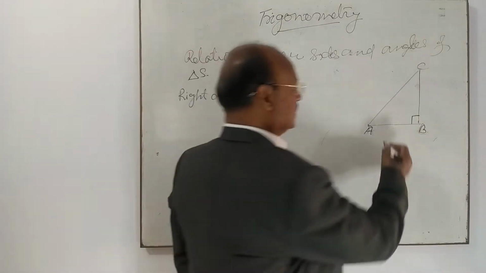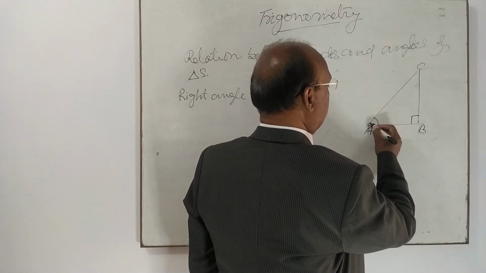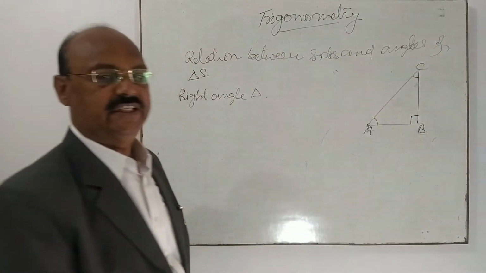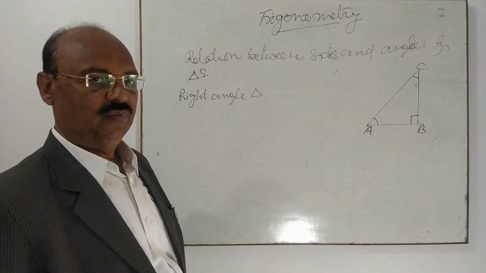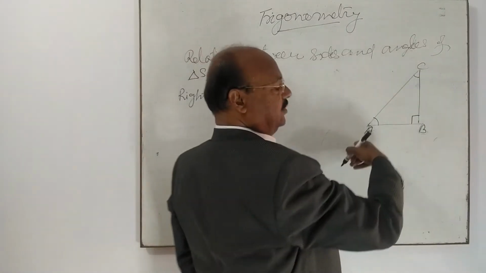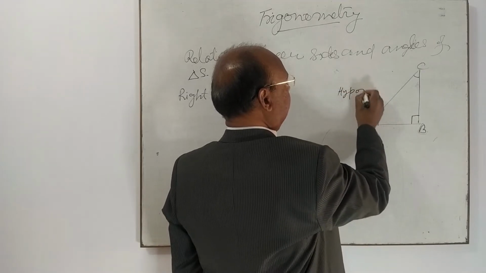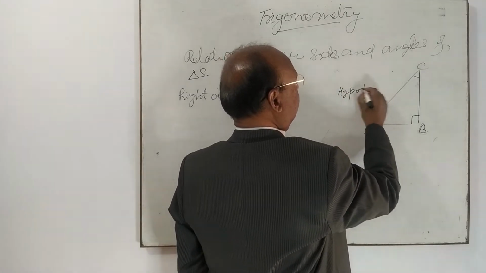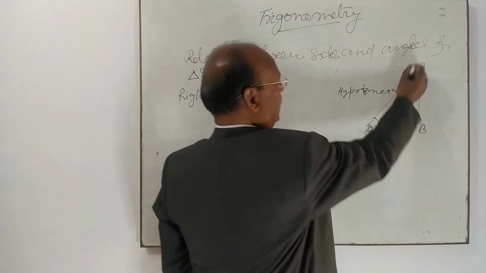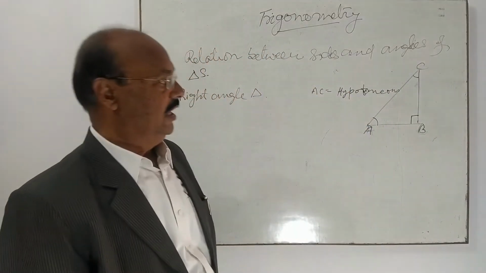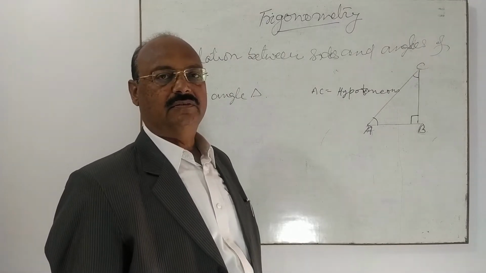And two acute angles are, this is one acute angle A and this is another acute angle C. Correct? And the longest side of the triangle is known as hypotenuse. So here AC is hypotenuse.